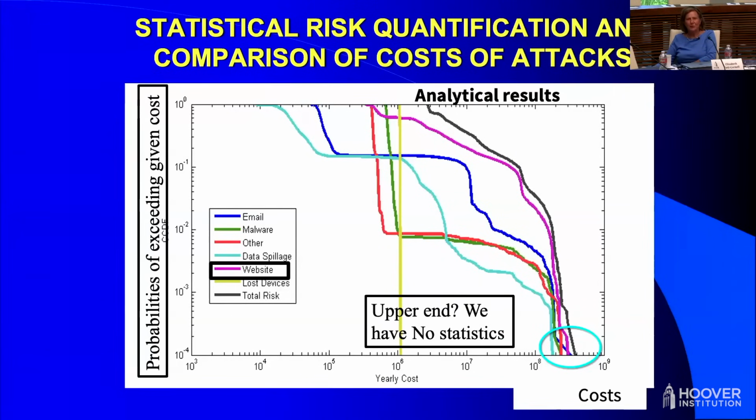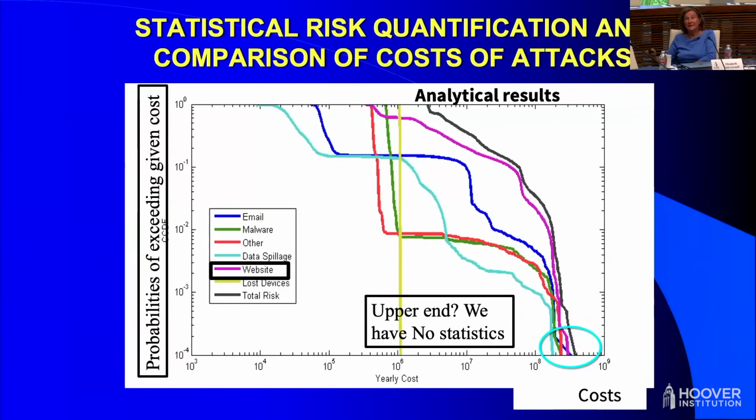The website is in purple on this. And what I get here is the yearly cost as a function of the probability of exceeding the given cost. And as you can see, the website is not particularly sensitive in the beginning.